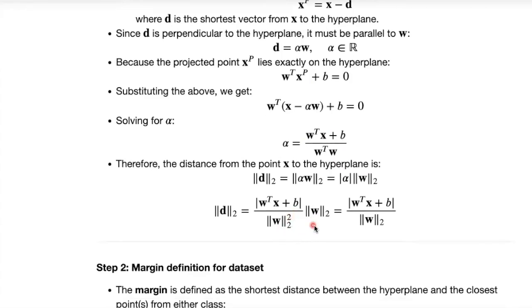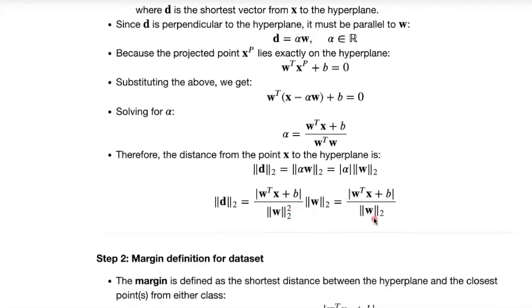It's the absolute value of that scalar, because just in case alpha is negative, we don't want a negative distance, so we have to take the absolute value, times the length of W. Which means that the only thing we really need to do is multiply this alpha by the norm of W, and remember this denominator is the norm squared. So we get rid of one of these 2's here, and so we get this formula.